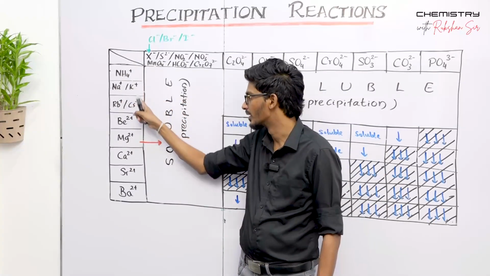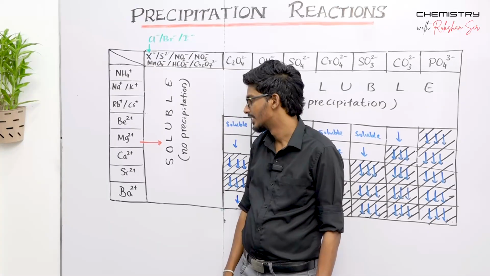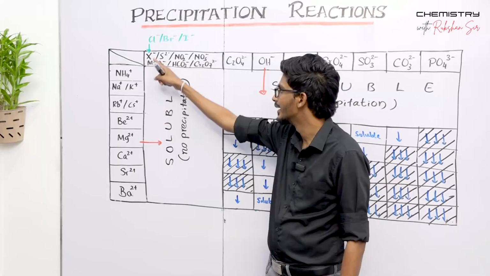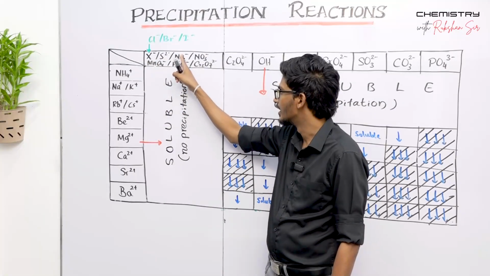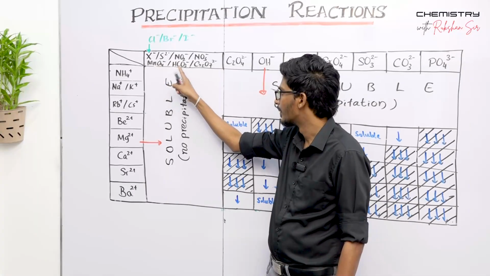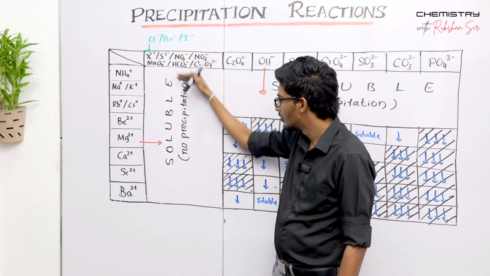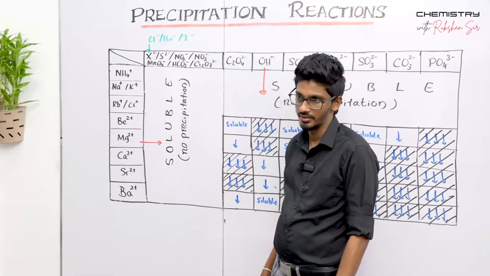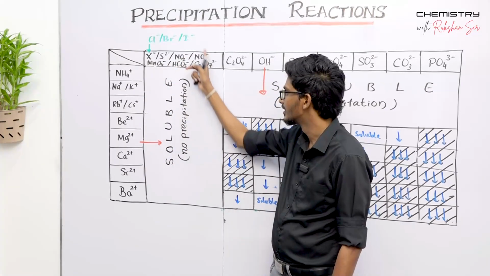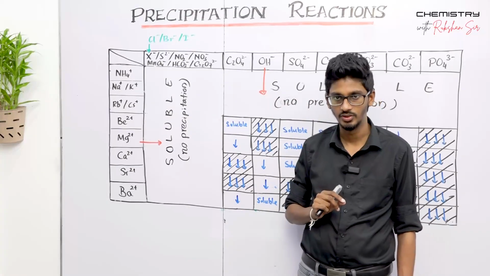Then these anions, the halides, sulfides, nitrites, nitrates, MnO4 minus, bicarbonate and the dichromate, never form precipitates with the S-block cations. With S-block cations, you won't see precipitation with these anions as well, right? Those are the first two things to note, right?